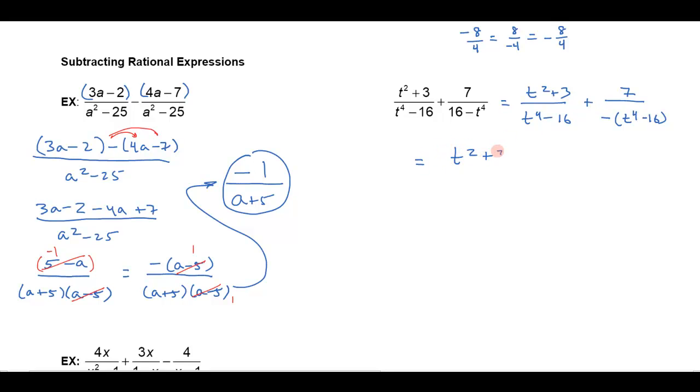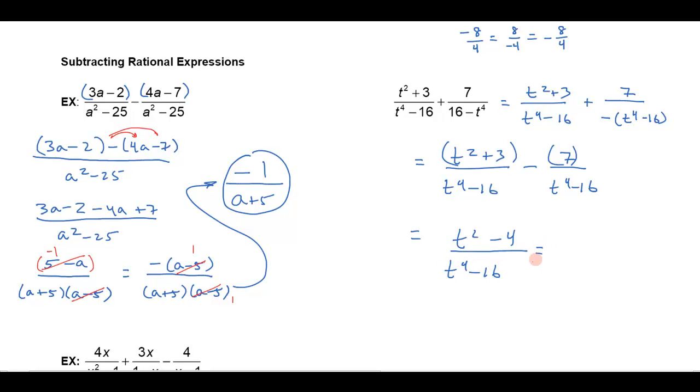I've got t squared plus 3 over t to the 4th minus 16 minus 7 over t to the 4th minus 16. Alright, so from there I will go ahead and subtract. I take this numerator minus this numerator, and now I have a common denominator, so this is going to be t squared minus 4 over t to the 4th minus 16.